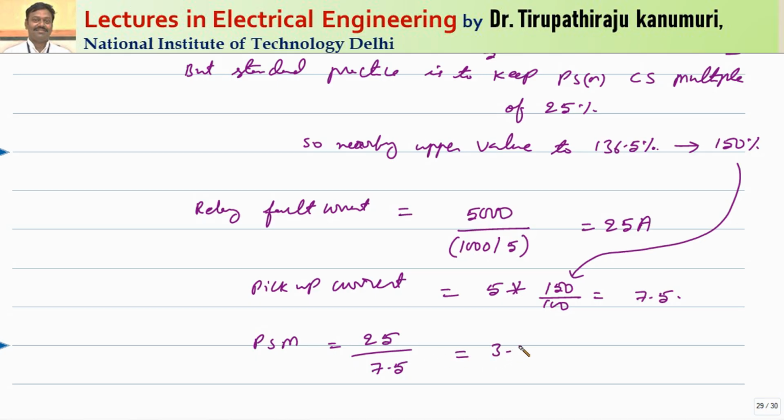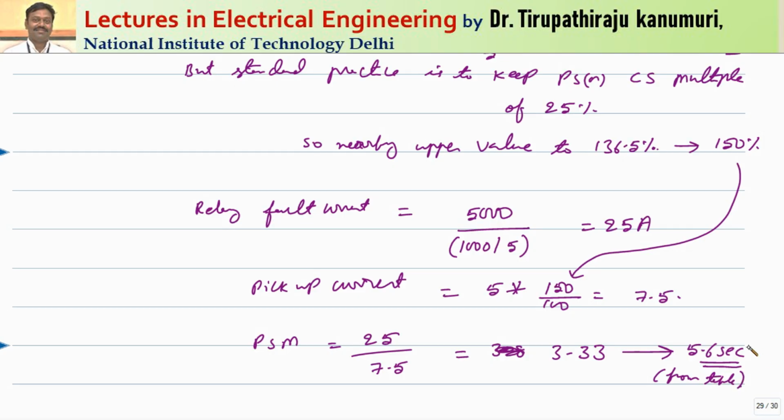So this will come as 3.33. This is the value we obtain. Corresponding to this 3.33, if you check in the table, you will get it as 5.6 seconds. So corresponding to a plug setting multiplier of 3.33, you will get 5.6 seconds from the table.